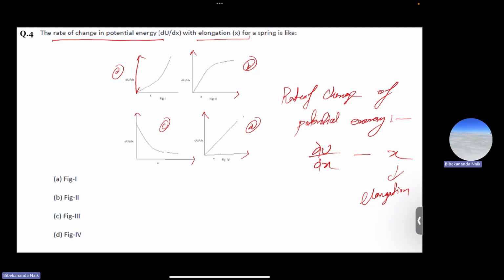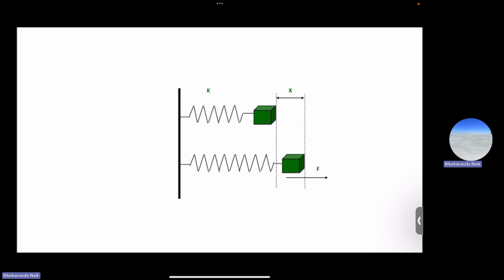So now let's discuss. Consider the case of a spring, because the question is related to a spring. Suppose this is a spring, the mass of the spring is negligible, and this is weight mg. So this force is nothing but mg.